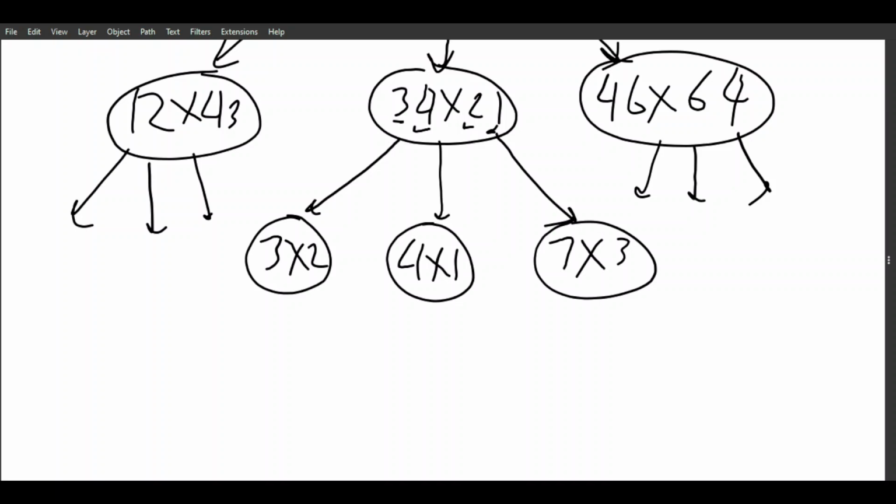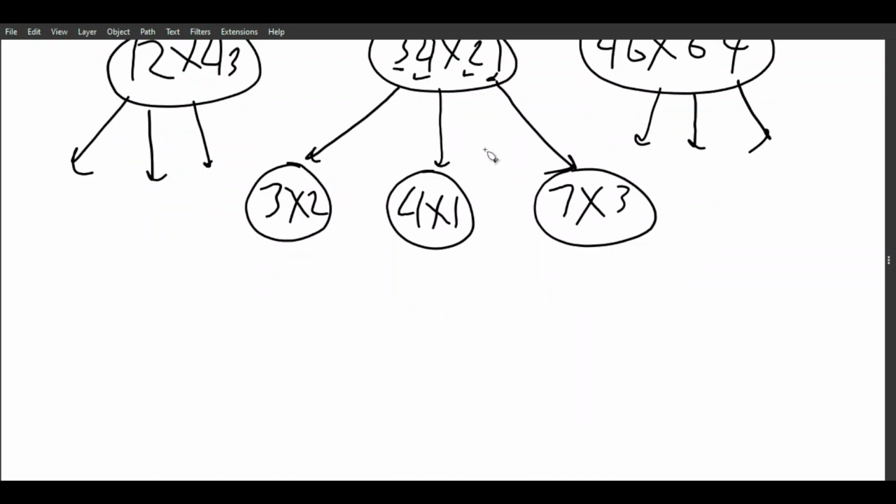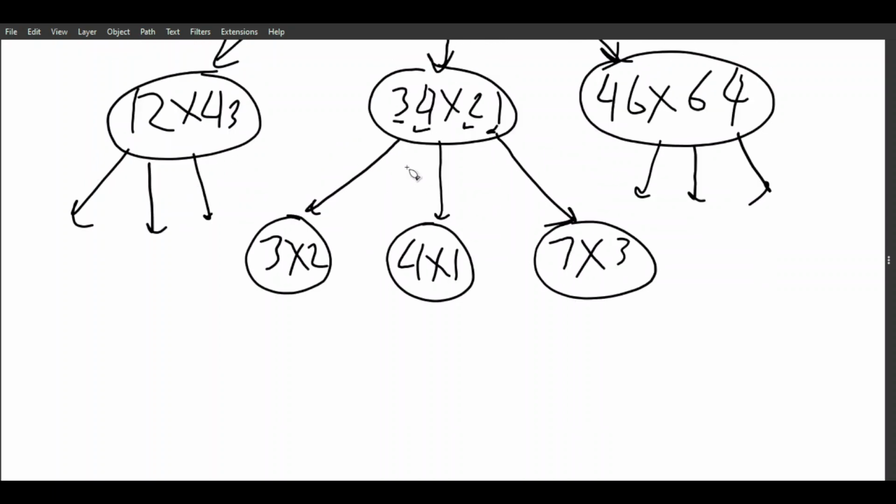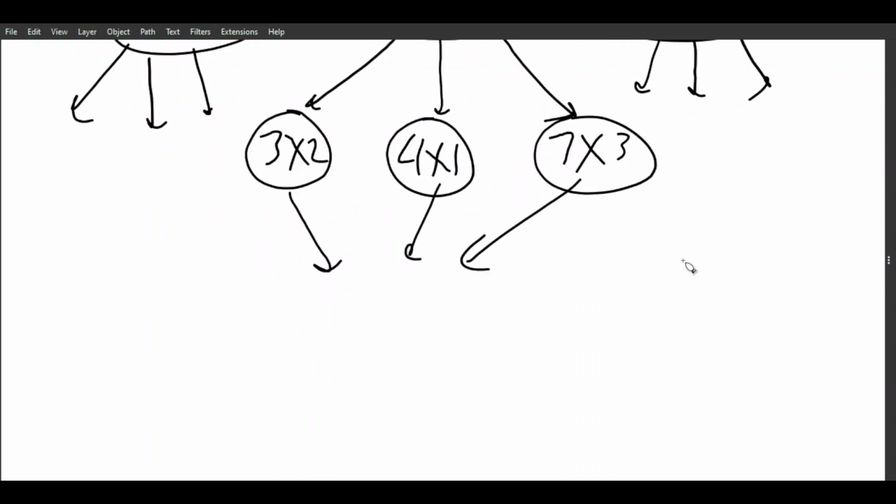So finally we combine. How we combine? We know the formula. So 3 multiplied by 2. Again the same thing, shift plus add. 3 multiplied by 2 is 6. Just giving one example: 6 multiplied by 100 plus L1 L2.